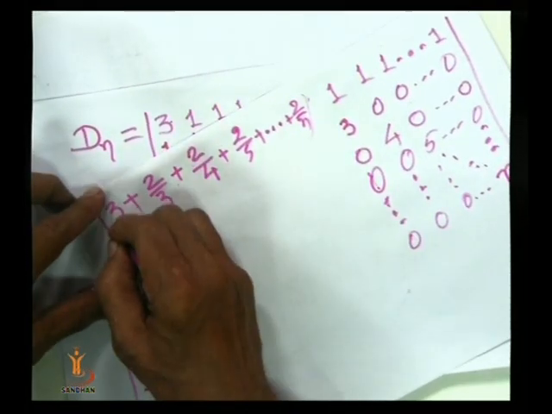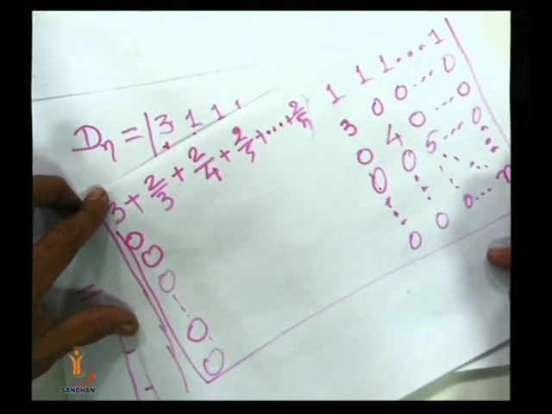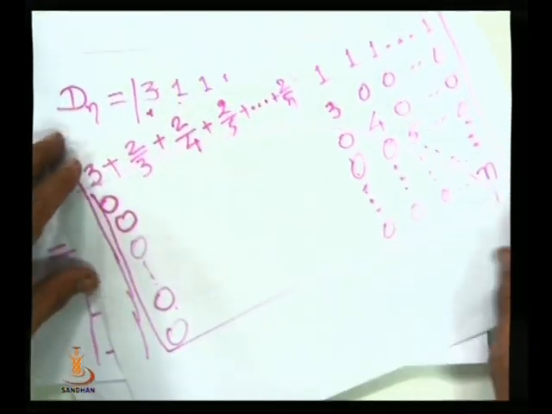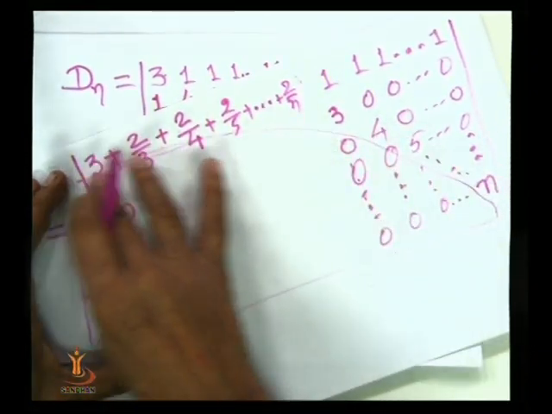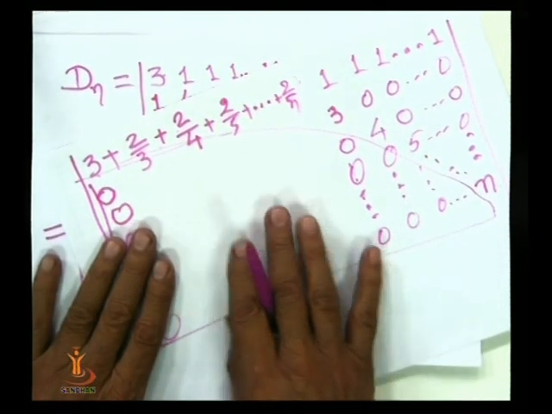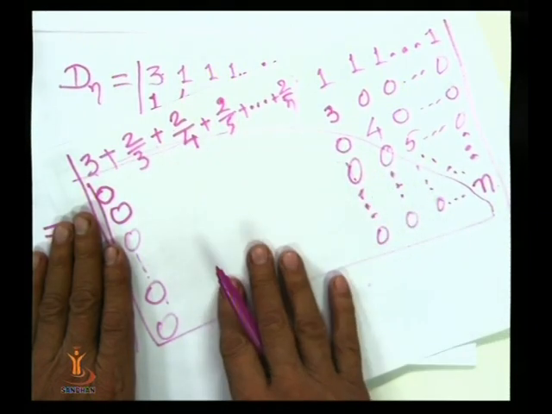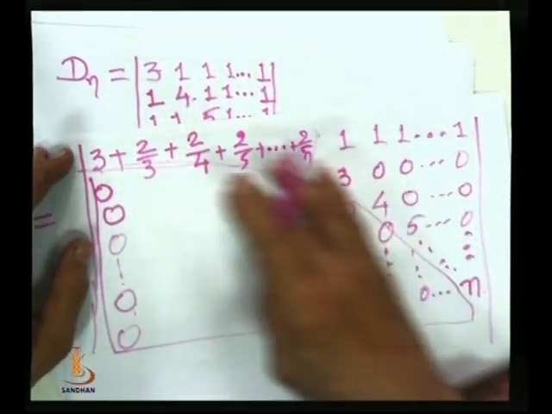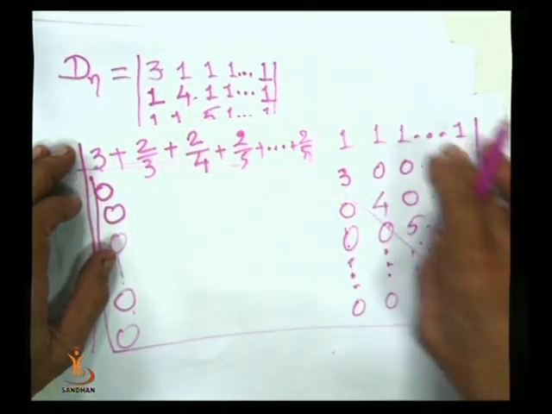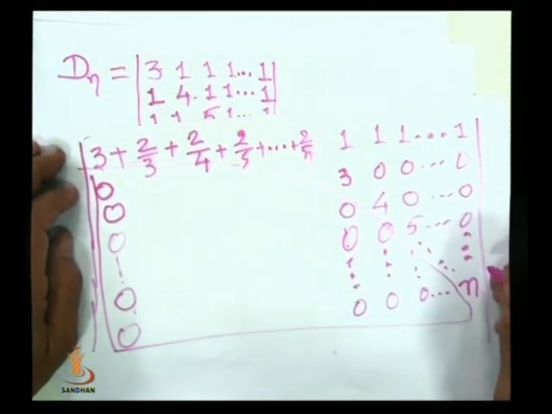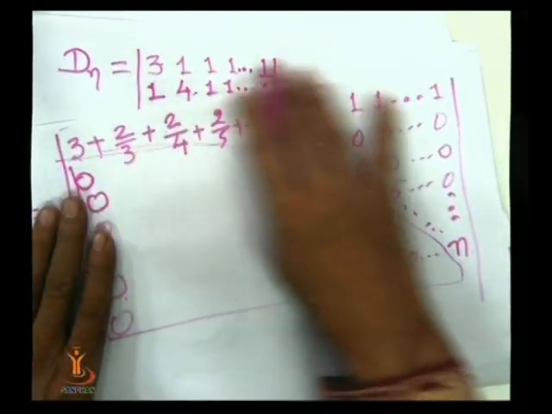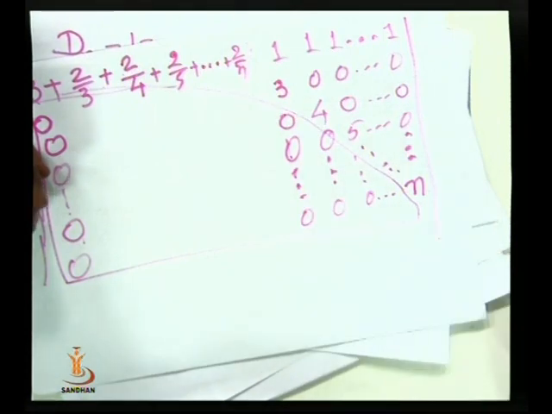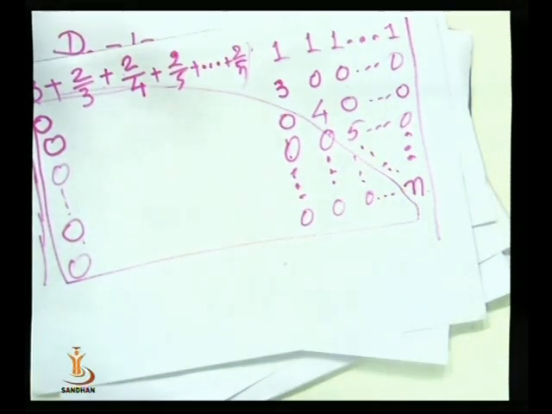So if I take this, this one up to this, you get a lower part which is everywhere 0. So in this case, as a matrix, this is an upper triangular matrix. For an upper triangular matrix, all the elements below the principal diagonal are 0.